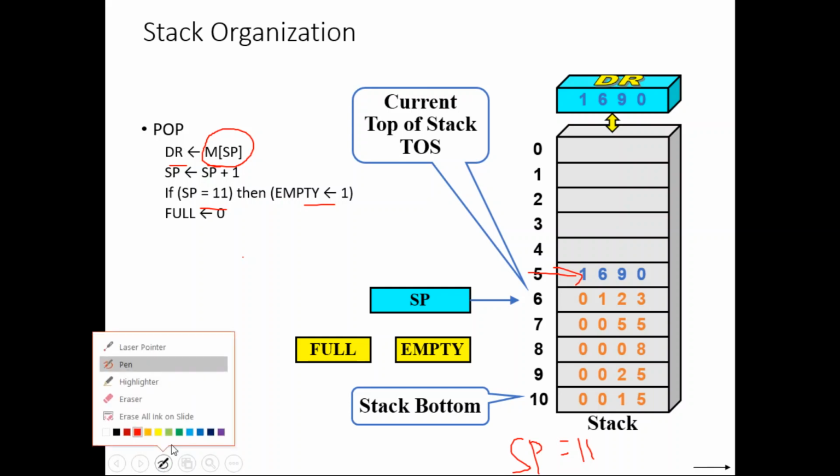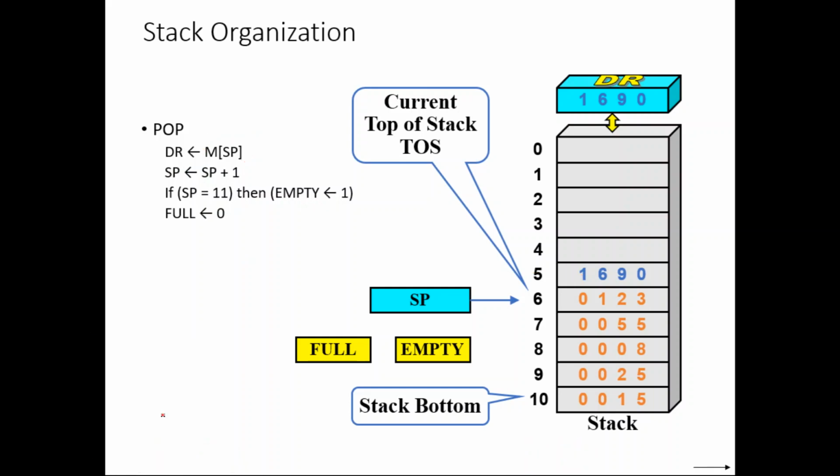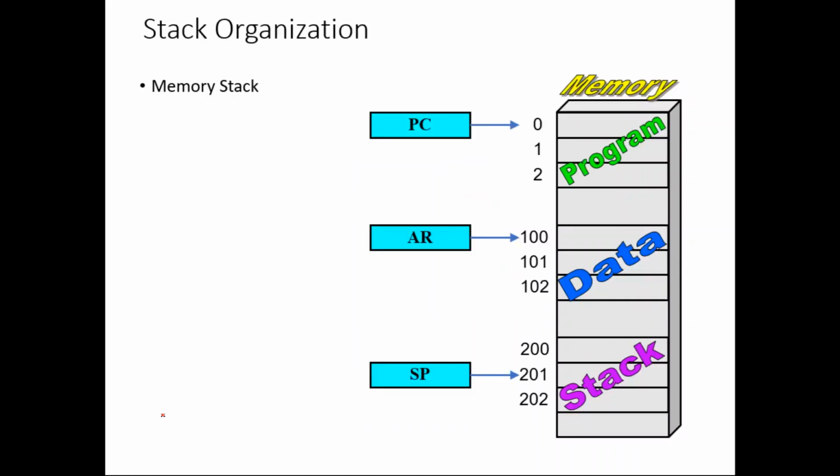So this is how we understand stack in the context of computer organization. Here you can see there is a stack pointer and there is a program counter. The program counter is pointing to some location, the stack pointer is pointing to some location, and some registers are pointing to some locations in the stack.